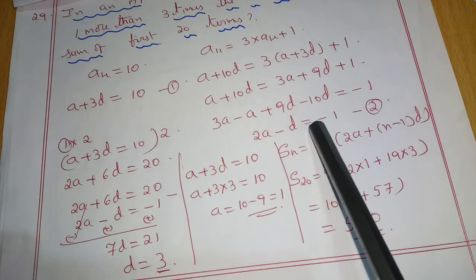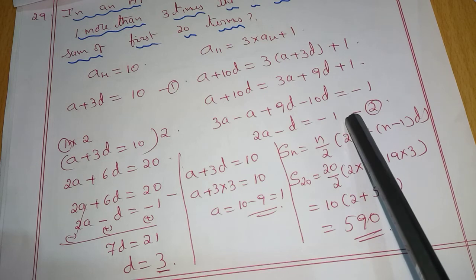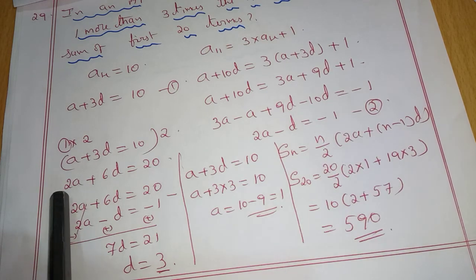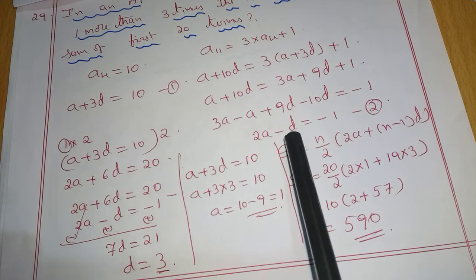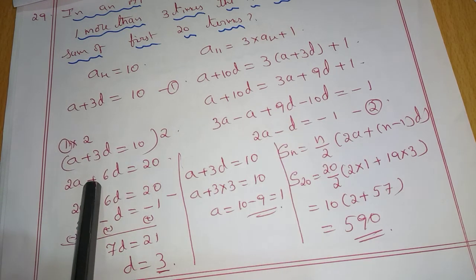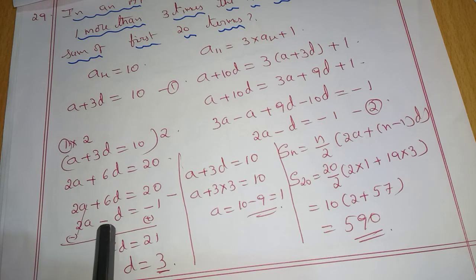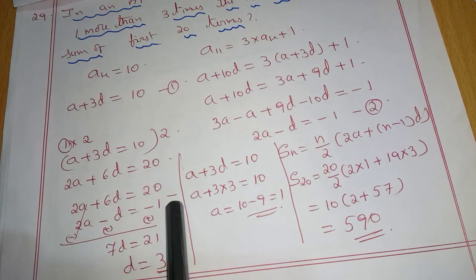Which is the second equation? 2A minus D is equal to minus 1. Write these two together. Which one has a bigger value? 2A plus 6D or 2A minus D? 2A plus 6D. Write it as first one. Second one, 2A minus D is equal to minus 1. Subtract, change the sign of the second equation.